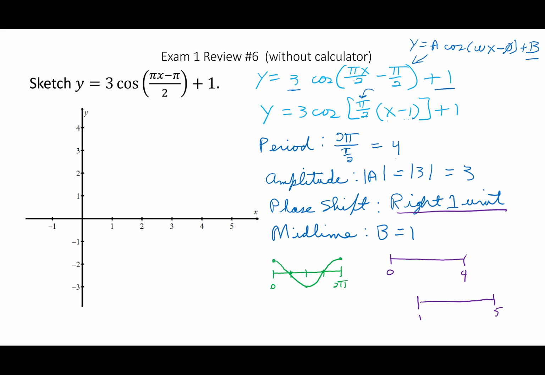I'm going to start by putting on the quarter marks that I get from the fact that our fundamental cycle of this function is going to go from 1 to 5. So we'll put our first quarter mark at x equals 1.